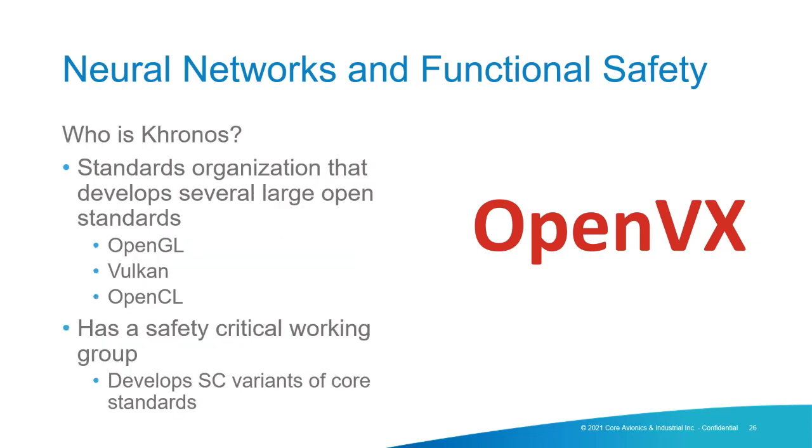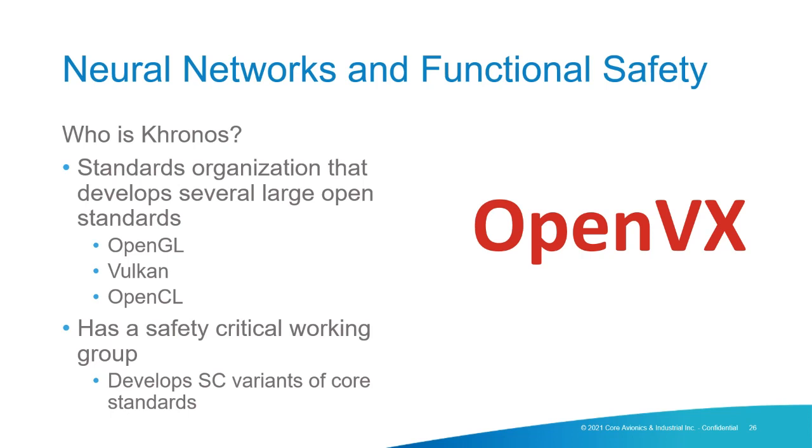But first, who is Khronos? If you haven't heard of Khronos before, it's a standards organization that develops a lot of standards, mainly associated with accelerating compute and graphics type applications. So they developed the OpenGL standard, the Vulkan standard, the OpenCL standard, and they have a safety critical working group that works to develop safety critical variants of these standards for functional safety applications.